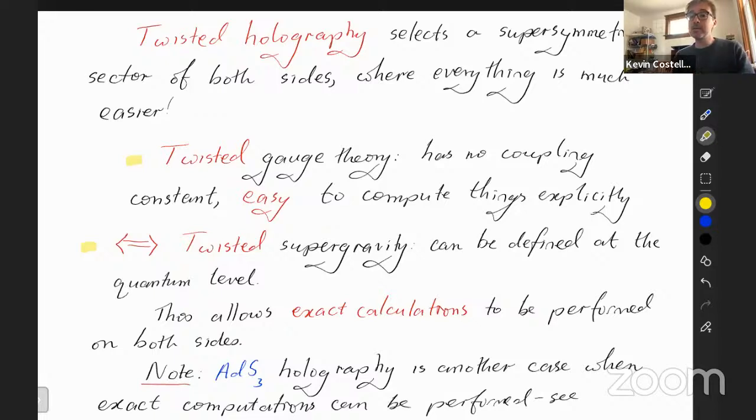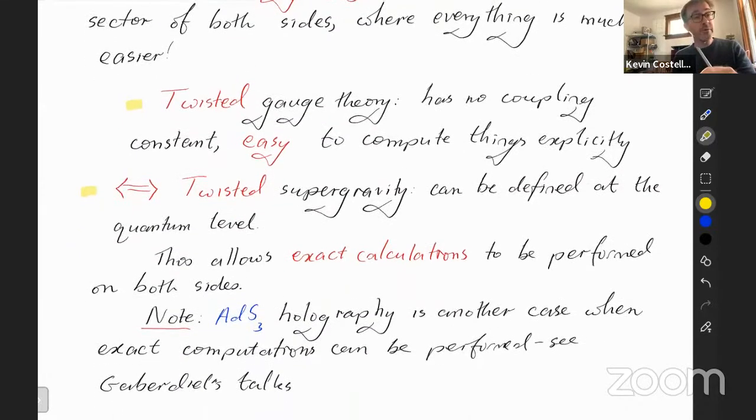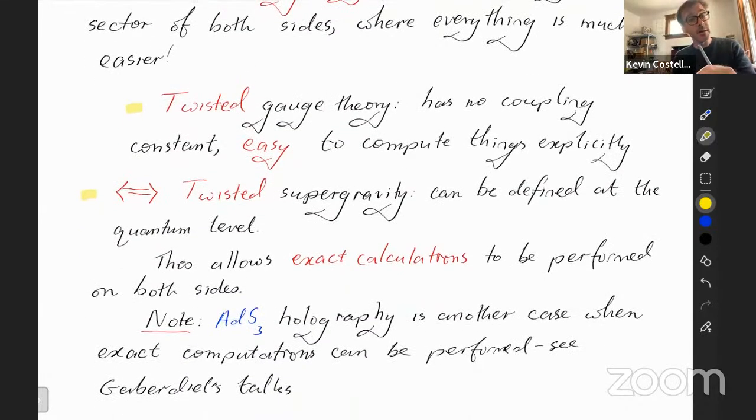So in these subsectors, we can perform exact computations to try to match both sides. And as I mentioned, the AdS3 holography in Gabriel's talk is a different, not unrelated context where exact results can be obtained. So there might be some parallels with Matthias's talks.